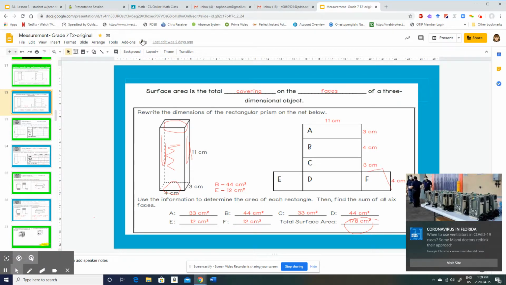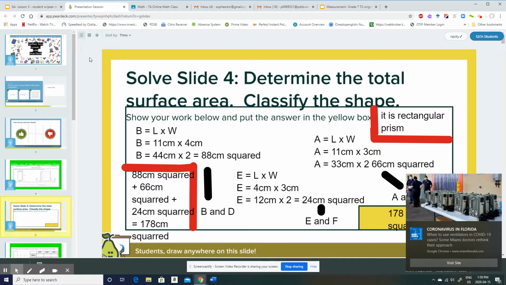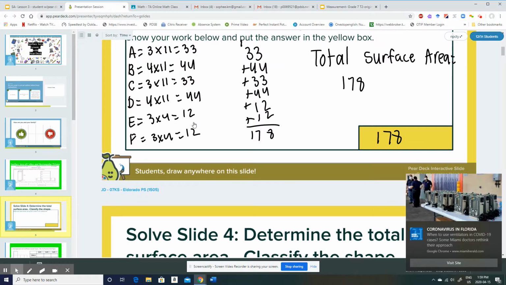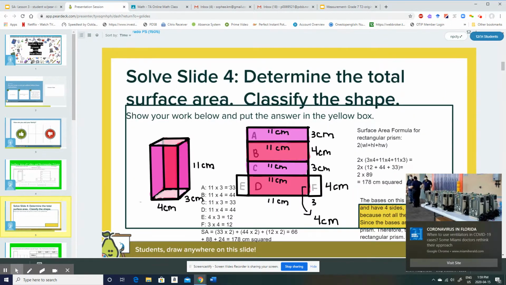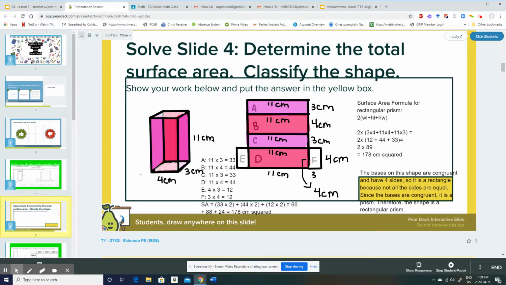Okay, let's switch back. I did want to share some of your answers because there was some really great work. I think this is the one that really popped out to me. This person was very thorough. They broke it into different colors.